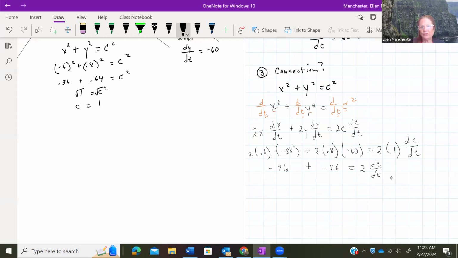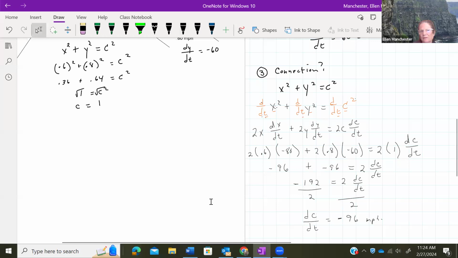So I'm going to add these two. So negative 192 equals 2 dc dt. I want to get my dc dt all by itself, so I'm just going to divide by 2. So my distance c is changing by 96 miles per hour.